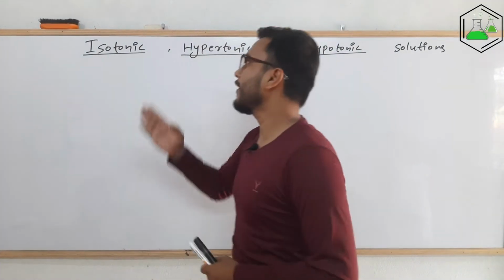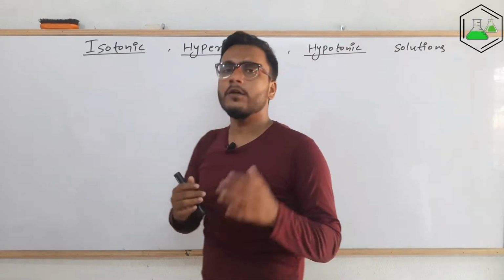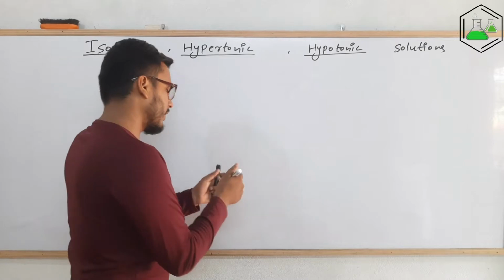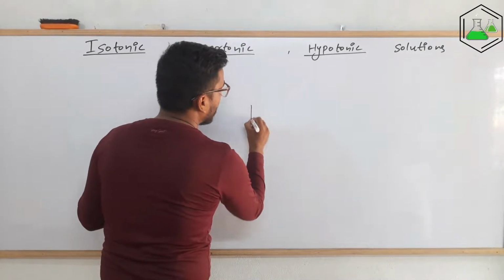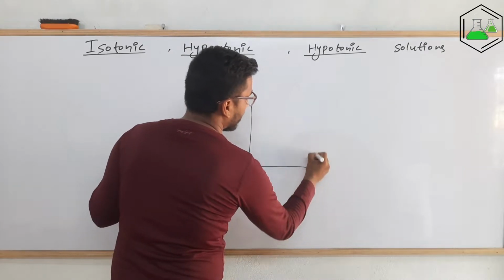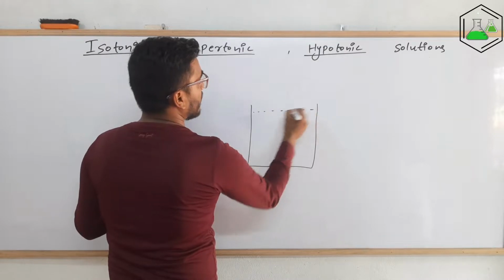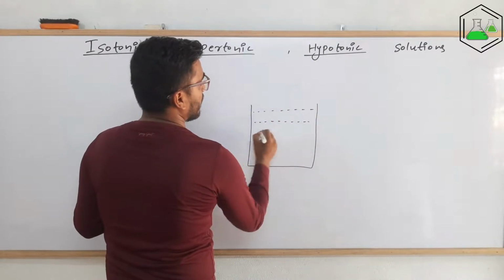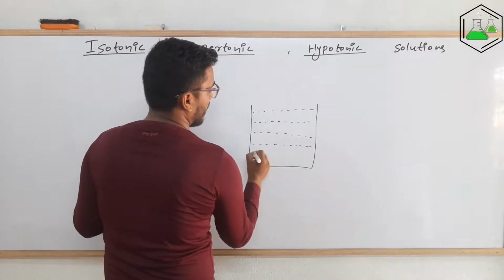A solution can be classified into isotonic, hypertonic and hypotonic solutions on the basis of the osmosis phenomenon. Let me explain it to you. Suppose we have a beaker over here, and in it there is this solution. We are not taking distilled water in this case.